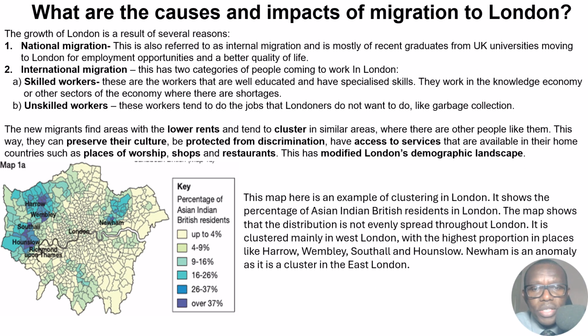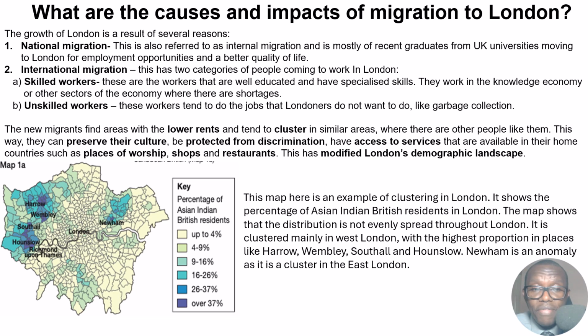So what are the causes and impacts of migration to London? The growth of London is a result of a number of reasons, and the first one is national migration. This is also referred to as internal migration in our specification sometimes, and is mostly of recent graduates from UK universities moving to London for employment opportunities and a better quality of life.